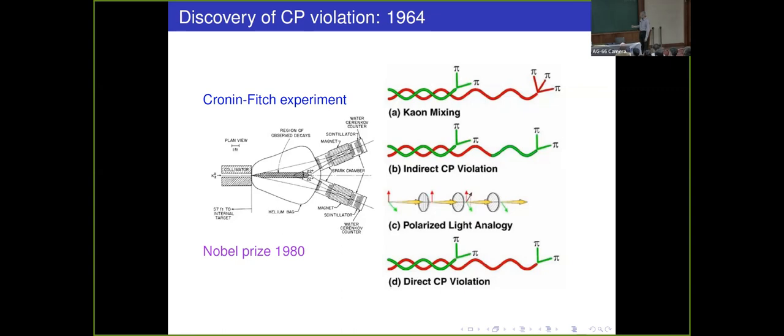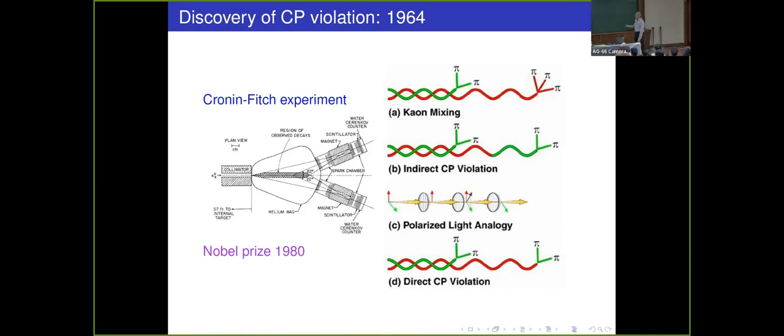This was called direct CP violation. What you observe is a combination of the two, and indeed it is a cleverness of the experimentalists that they actually managed to separate these two parts out and figure out the contributions of both of them. In fact, it turns out that both of these do contribute. I will give you an indication of how to look at that mathematically in just a bit.